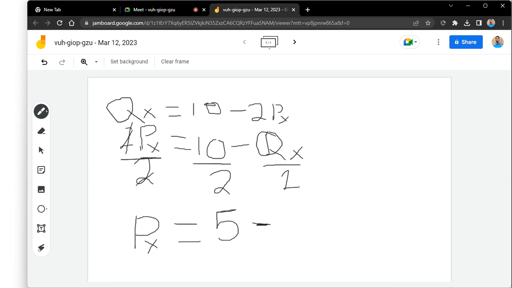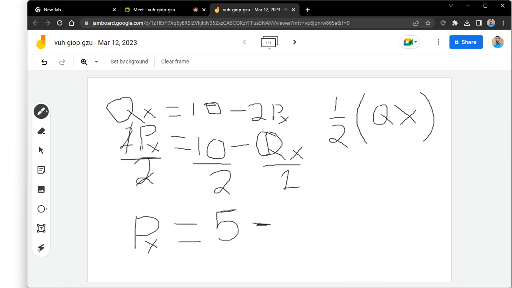The next thing is, now I'm dealing with this part, the qx over 2, which can be simplified. This is the same thing as saying 1 over 2 multiplied by qx. This is the same thing as qx over 2.